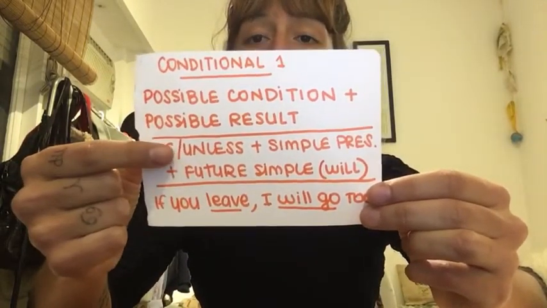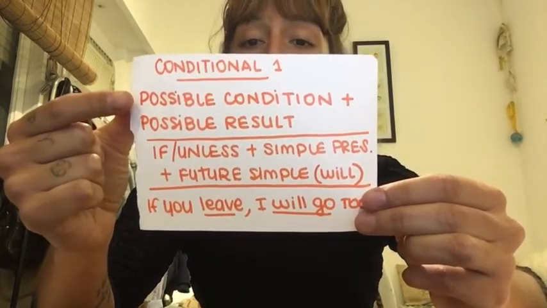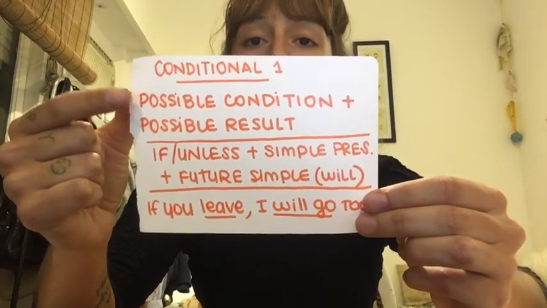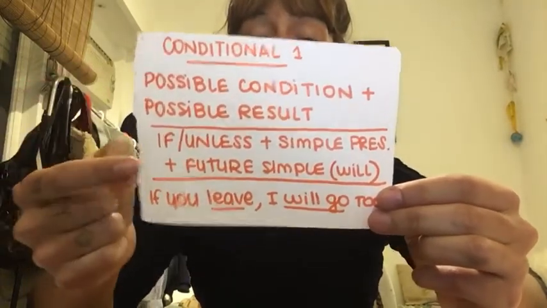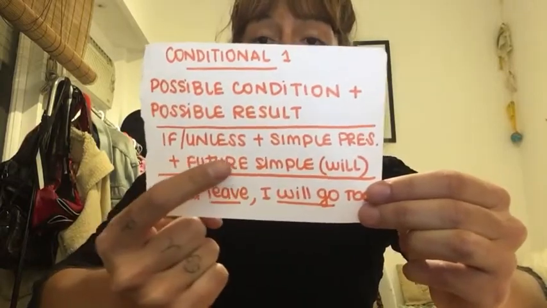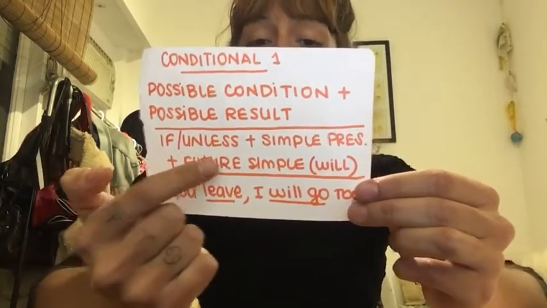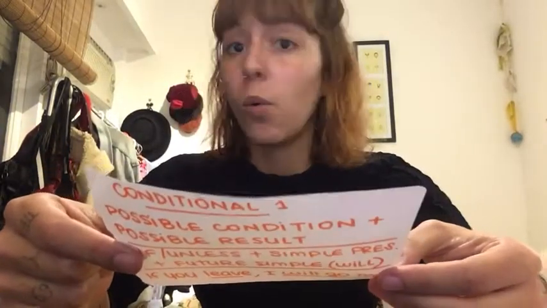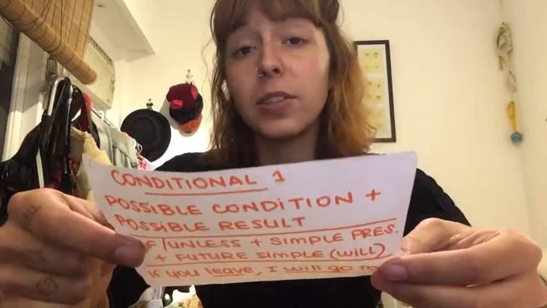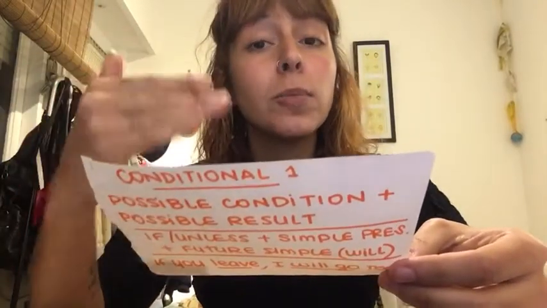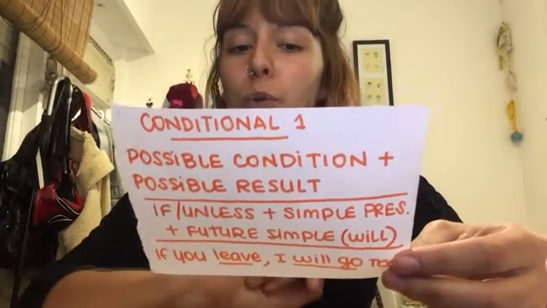Si la condición se cumple en el presente, if the possible present condition is fulfilled, then there will be a result in the future. Obviamente vamos a usar will porque este resultado del futuro depende de que la condición se cumpla. So we can't use going to because this is not a plan. This is a possible result. So we are going to use will.